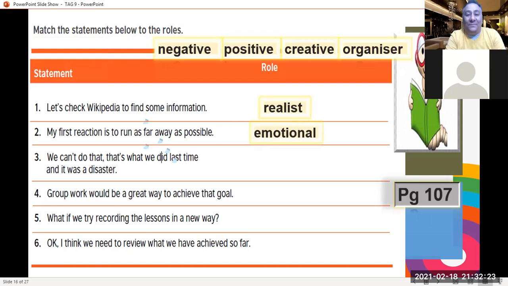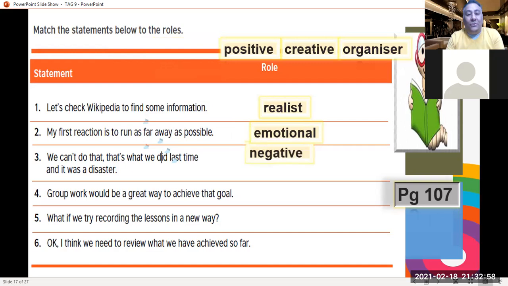Number three. We can't do that. That's what we did last time, and it was a disaster. What kind of people can say that? Organizer?